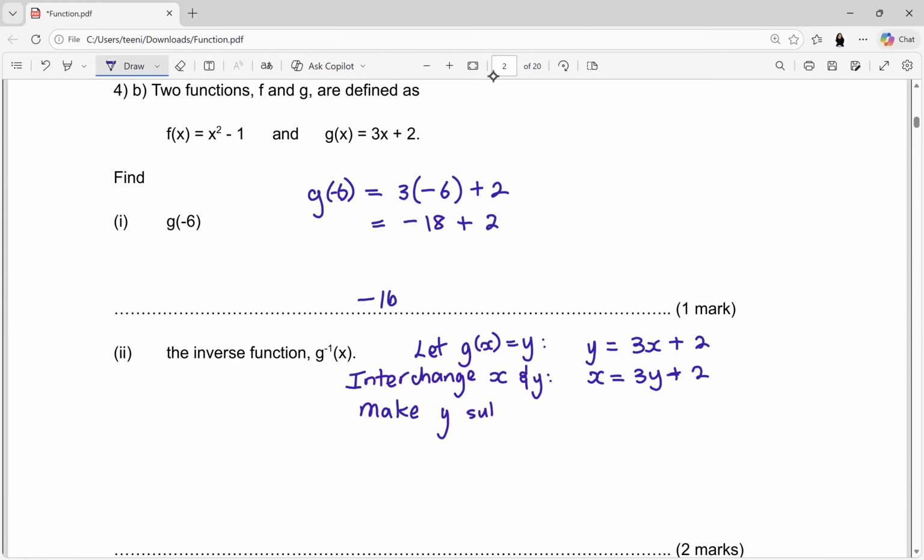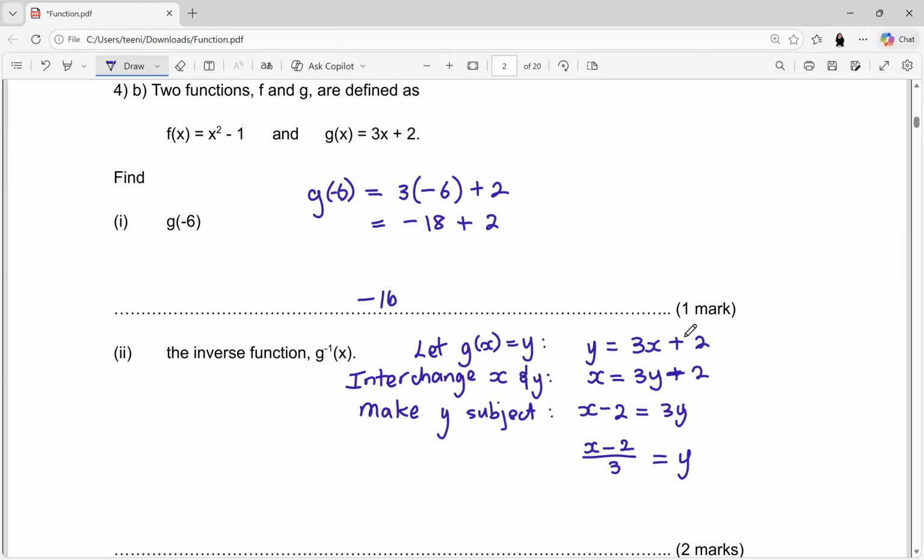So to move plus 2 to the other side, what would it become? Minus 2. So x minus 2 equals 3y. And then to get rid of this 3 from the y, what would I do? Divide by 3. That's right. x minus 2 divided by 3 is equal to y.